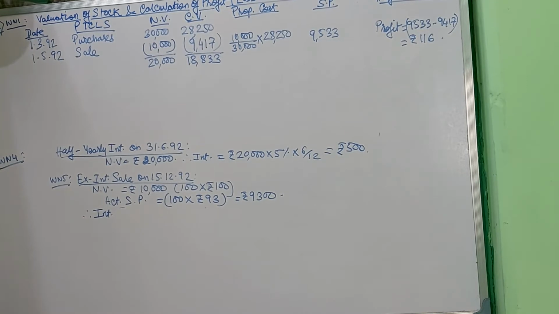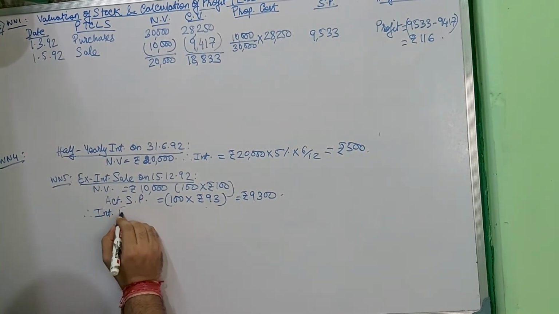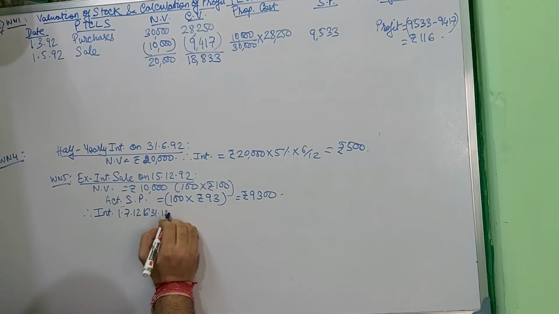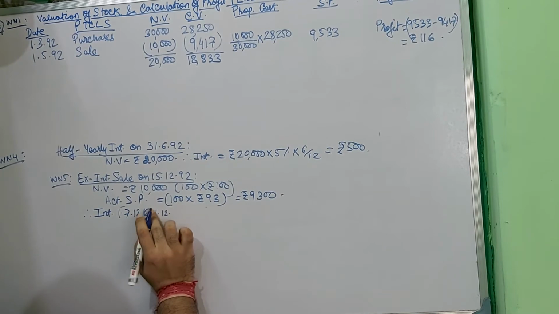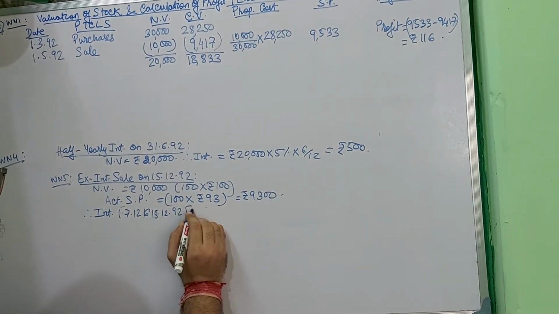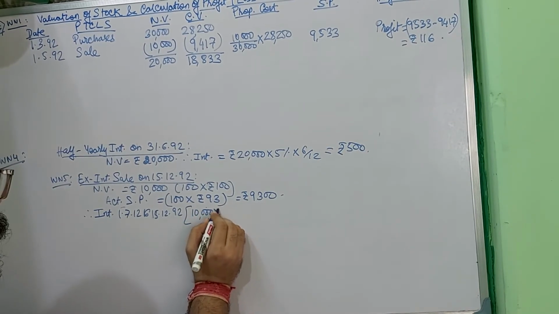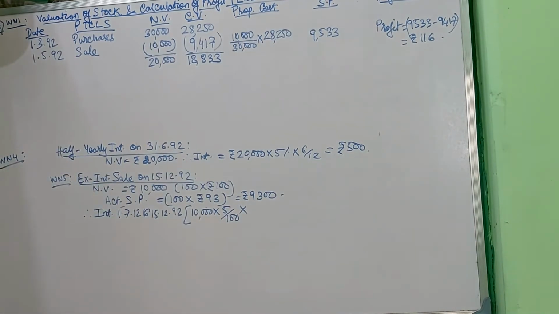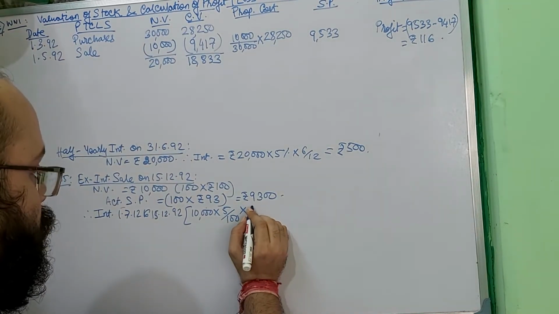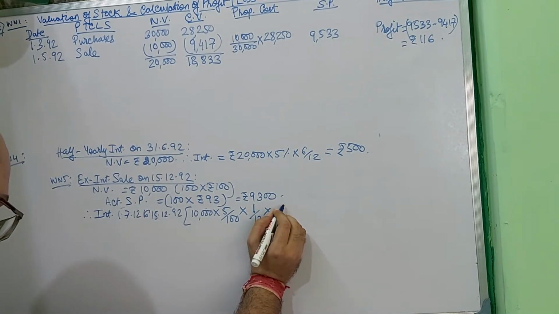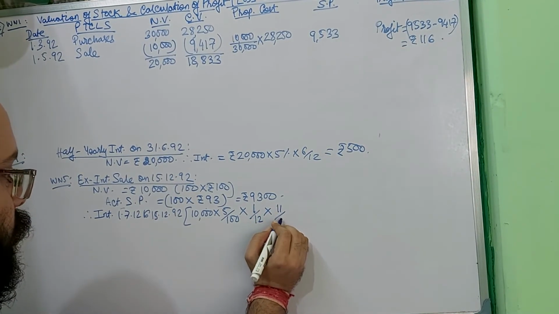So the interest is 10,000, 5% means 5 by 100, as it is half of the month and the books have been closed prior to the month, so December month has been considered as 1 and the remaining 12.